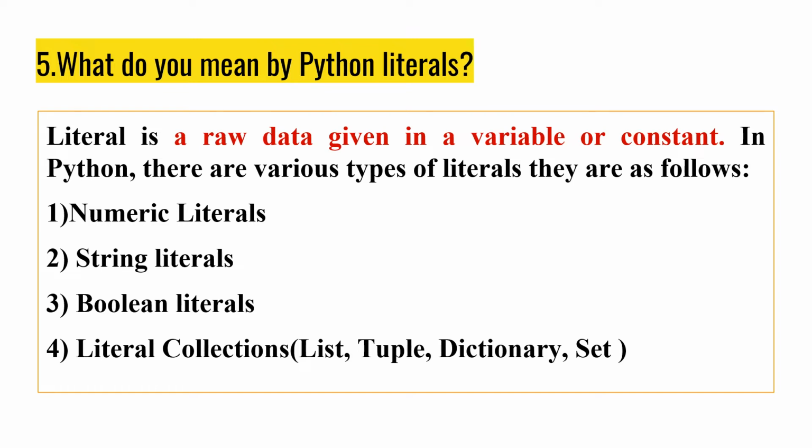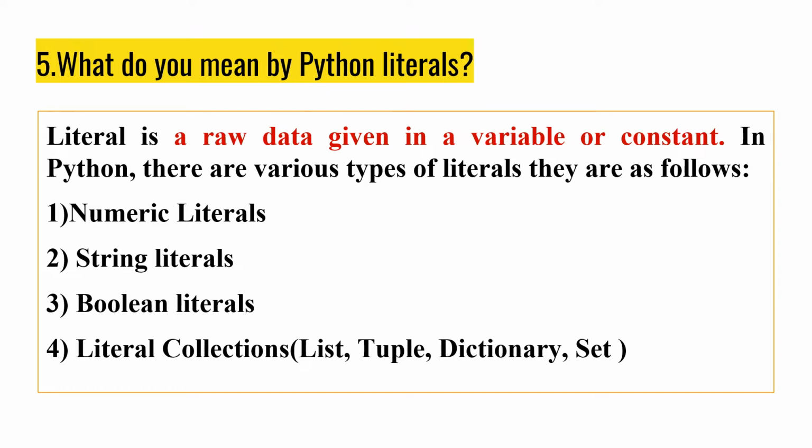So a literal is simply raw data which is given in a variable or constant. By default, all the identifiers which are given to input will be treated as variables unless we specify them as a constant, right? Okay, so numeric literals deal with numbers, zeros, ones, numerical.